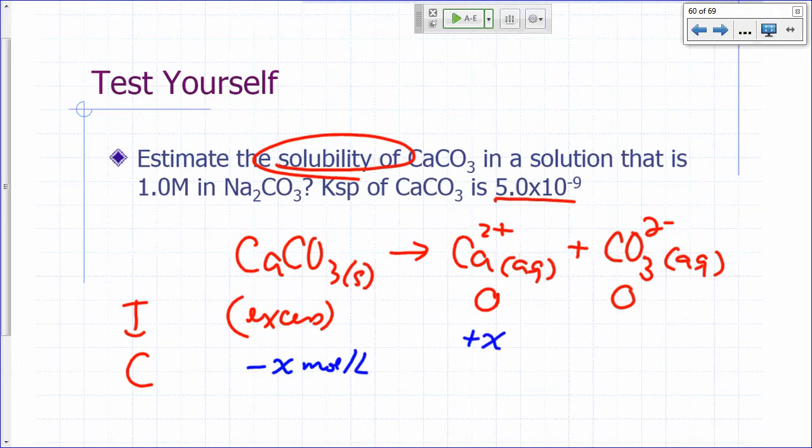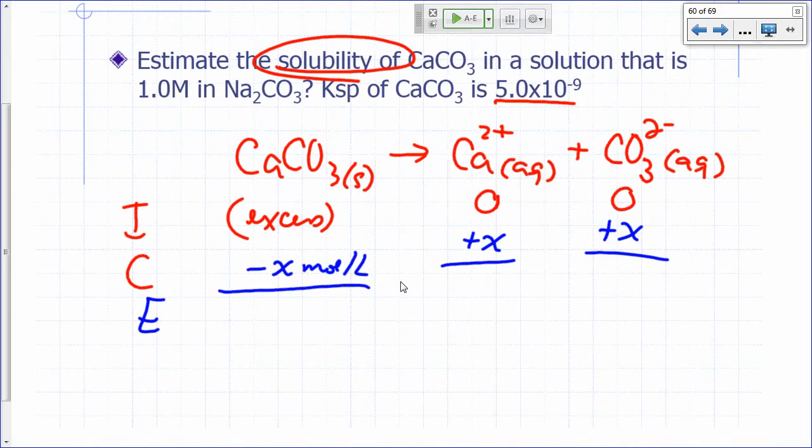So you're going to get plus x and plus x. At equilibrium, what will we have? If you want to be able to calculate the solubility, you want to make sure you still have an excess of the solid, right?